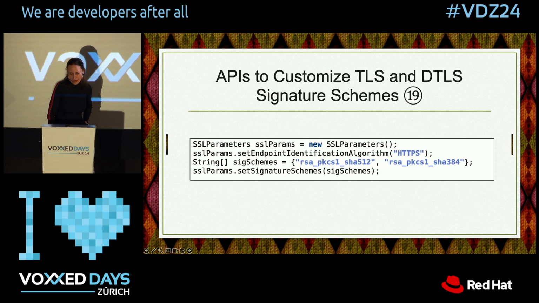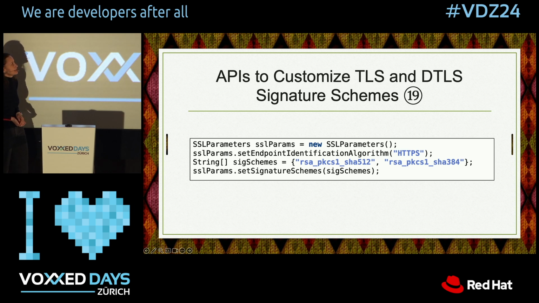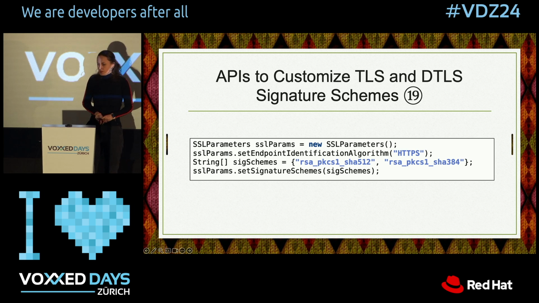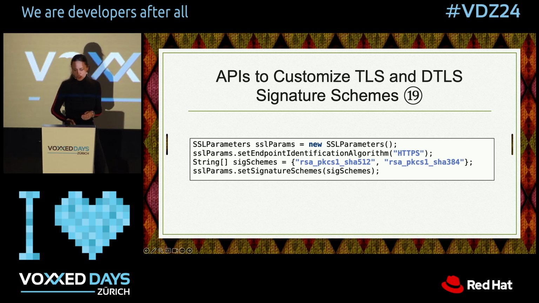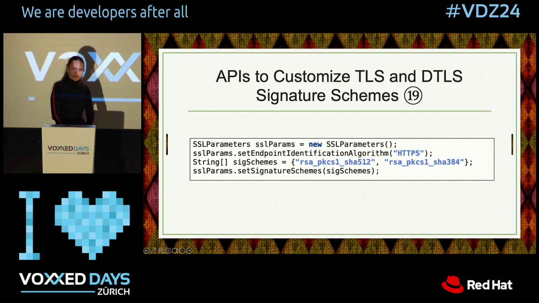more simplification happening. Another change that came was the API for customizing TLS and DTLS signature schemes. So JDK 19 came with new APIs for customizing the signature schemes. And of course, this came as a complement for the JEP that was talking about implementing version 1.3 of the Transport Layer Security (TLS) protocol.